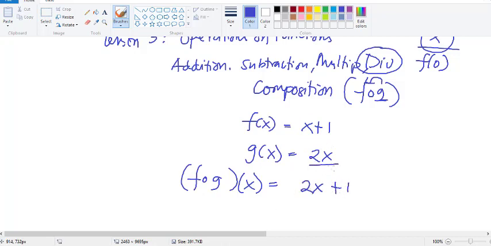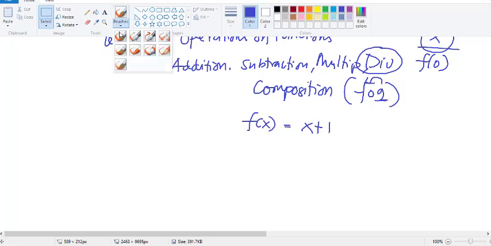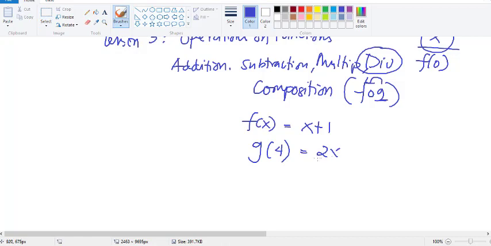Okay? And you cannot solve it any further unless, I think I forgot, hindi ko nabigyan ng example kayo last time, something like this. What if your g of x is like this? Paano nyo kukunin ang g composition of f?